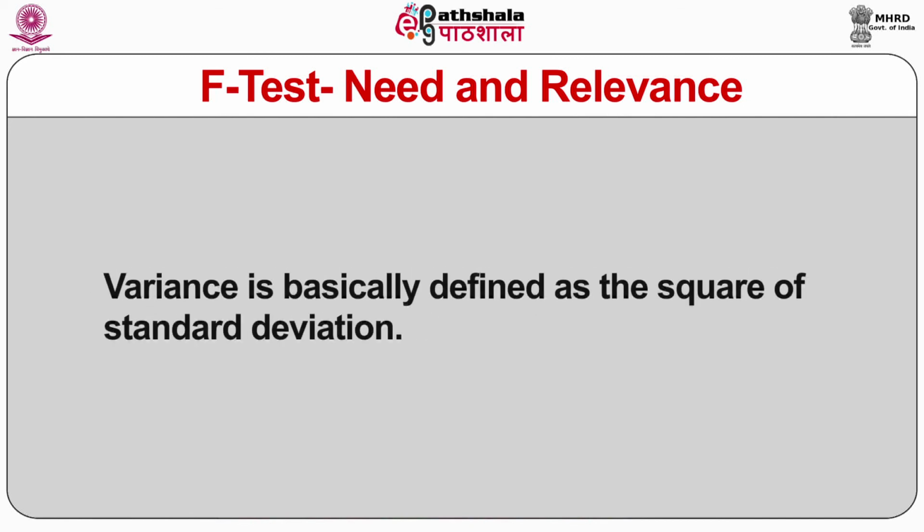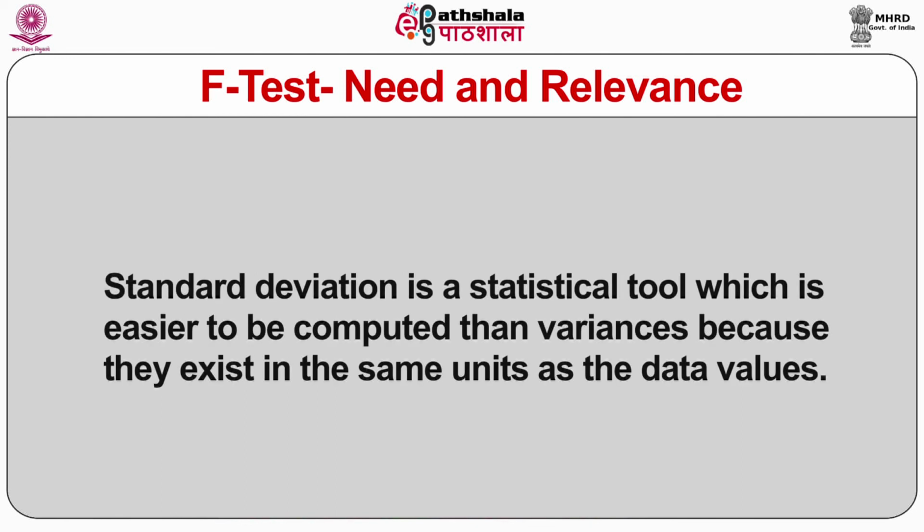Variance is basically defined as the square of standard deviation. Standard deviation, we all know, is a statistical tool which is easier to compute than variance because it exists in the same units as the data values. However, the analysts make use of the variances in their computations.